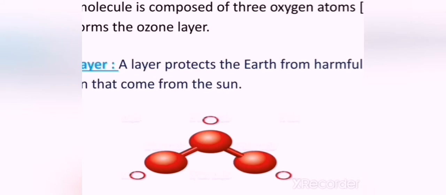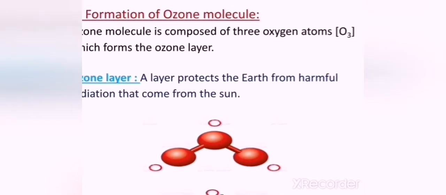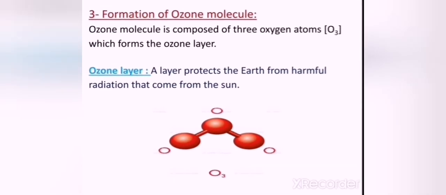So the ozone layer is very important to our planet. The oxygen is very important because the oxygen forms the ozone molecule that forms the ozone layer that protects the earth from the harmful radiations.